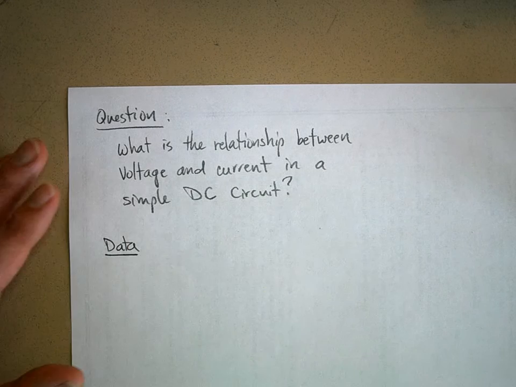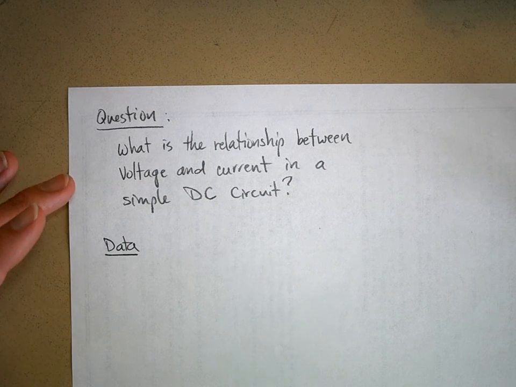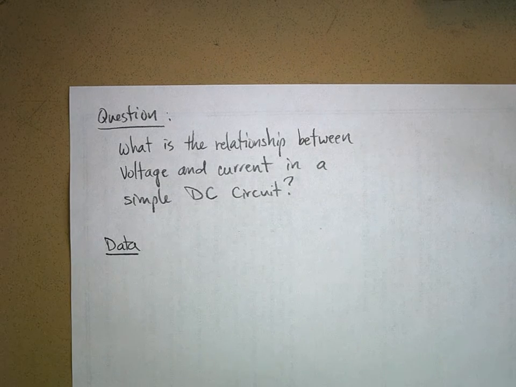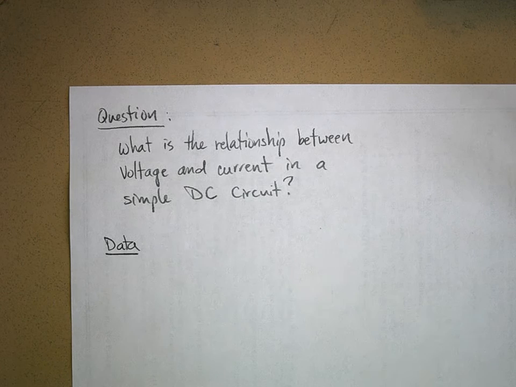So let's set up the data table first. And then after we set up the data table, we'll do the lab, we'll collect the data, and then we're going to maybe finish it today. We'll analyze the data. And then actually from these data and our analysis of it, out will come Ohm's Law. It'll be kind of cool.